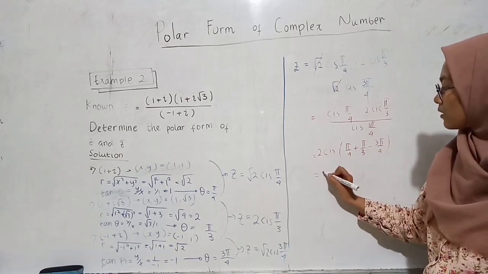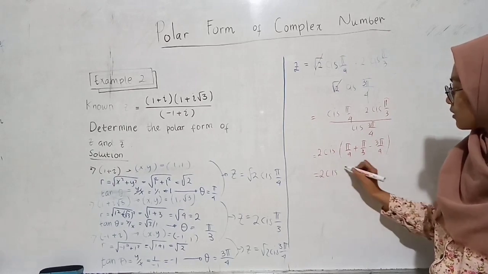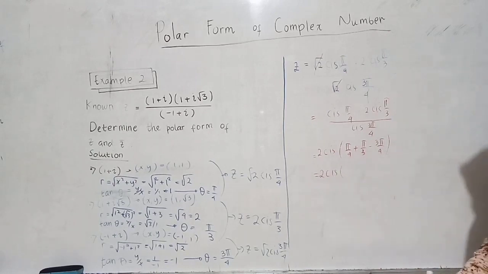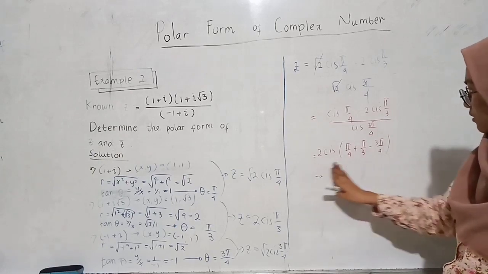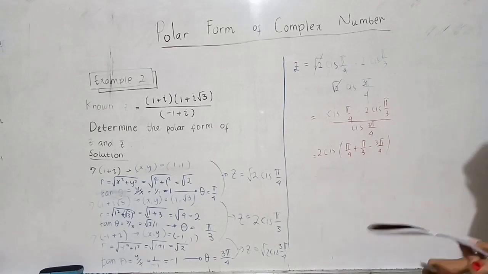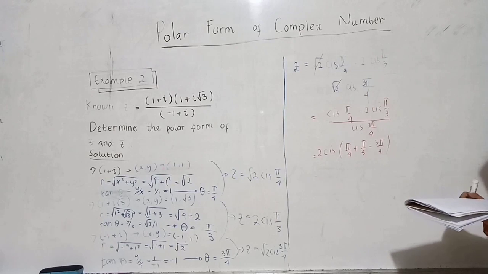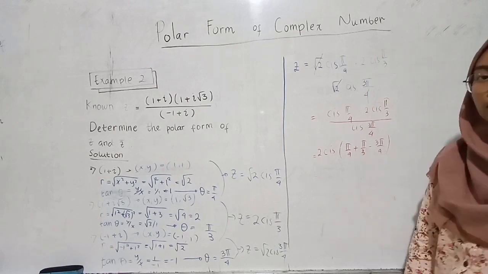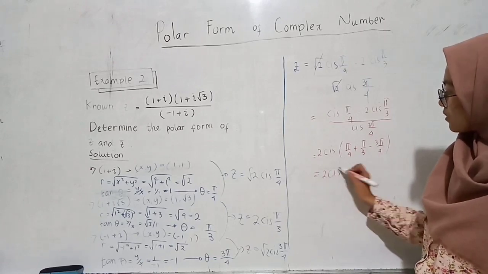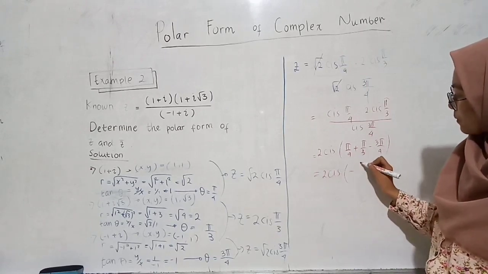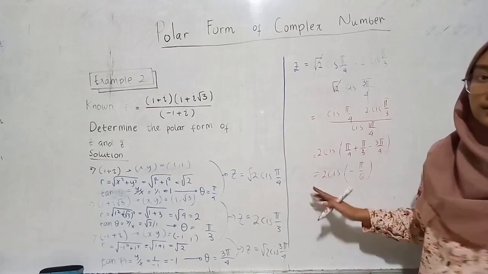So this gets 2 cis (−π over 6). This is z.